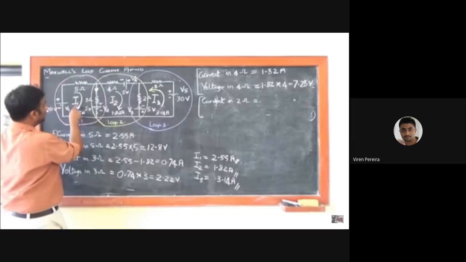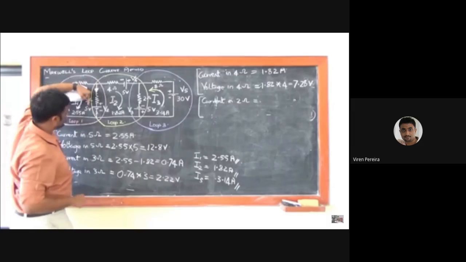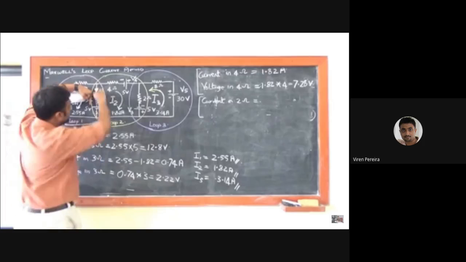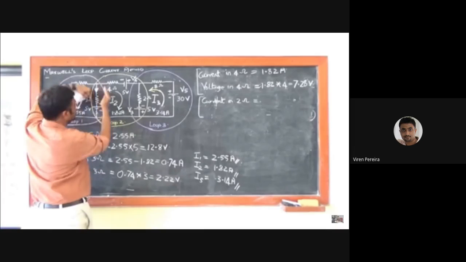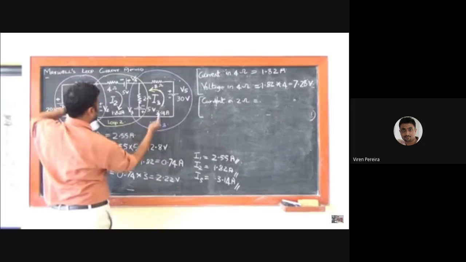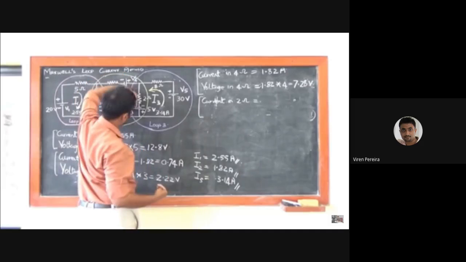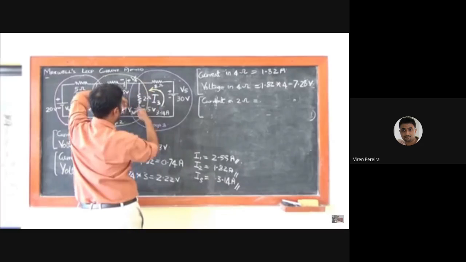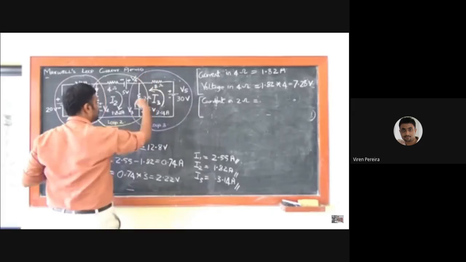Earlier, to find the current in the 3 ohms resistor, I1 was flowing from top to down and I2 was flowing from down to top. So it was I1 minus I2. But here what we are having is an addition. So we have I2 current flowing from top to down, and we have I3 also flowing from top to down.